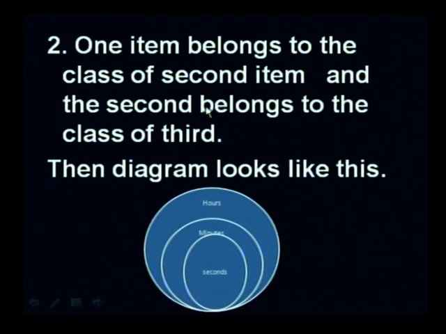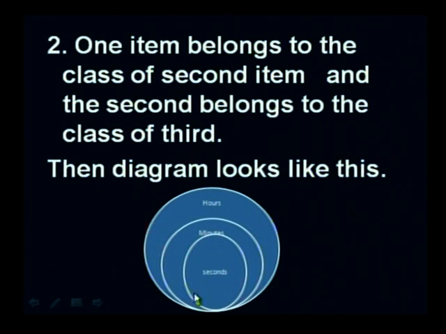So, the second kind is where one item belongs to a class of a second, and the second belongs to a class of a third. For example, you have hours, in the hours you have minutes, and in the minutes you have seconds.